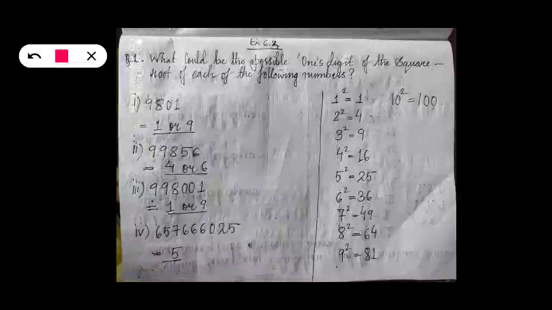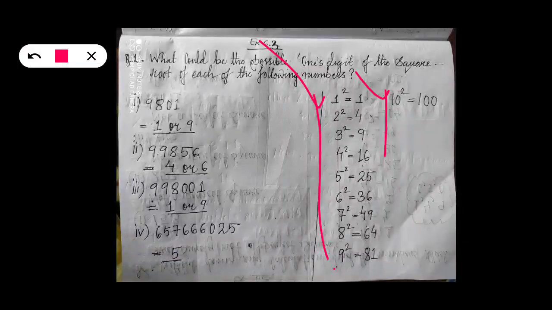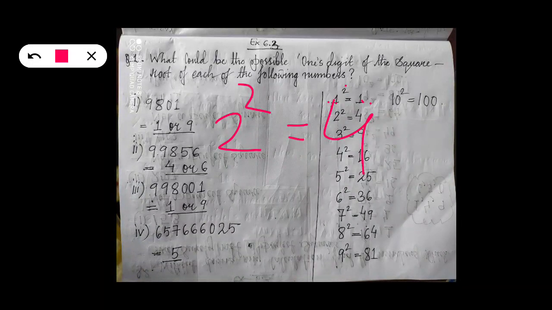You just need to see here, I have written the squares of all the numbers from 1 to 10. Squares of all the numbers. And we know now, I think you are clear, 1 square is 1 and the square root of 1 is 1. Like here 2 square is equal to 4. I can say the square of 2 is 4 and the square root of 4 is 2, isn't it?